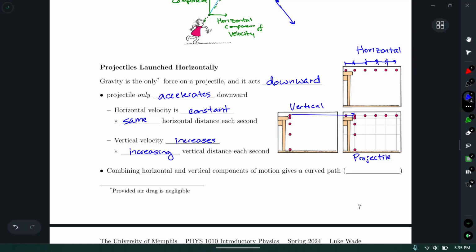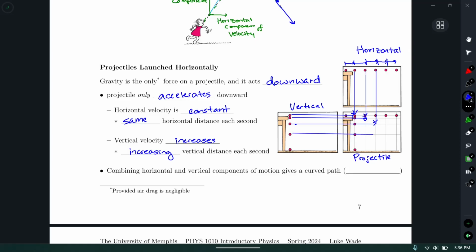It's going to be at the height of the table, but shifted over to the right a little bit due to its horizontal motion. After another fraction of a second, it's going to have fallen a little bit, but also it will have shifted to the right just a little bit. And that's going to put it here. After another fraction of a second, it's going to have fallen a little bit more, but shifted right a little bit more. It's shifting to the right by the same amount each second.